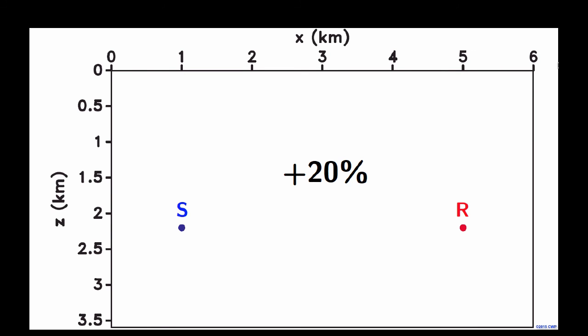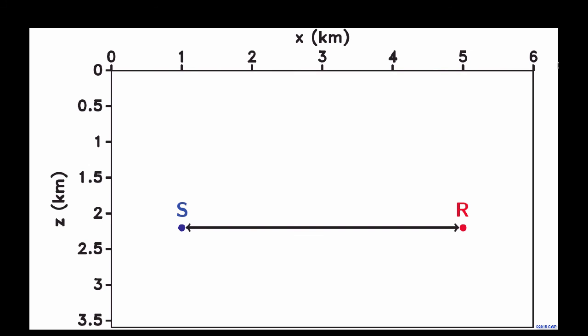I'm going to show next a couple of numerical experiments, very simple ones. Here I'm only using one source and one receiver, and for the initial velocity I'm incrementing it by 20%. The goal here is to obtain only the direct wave correlation.